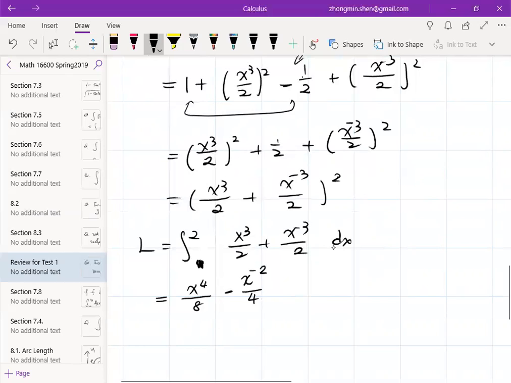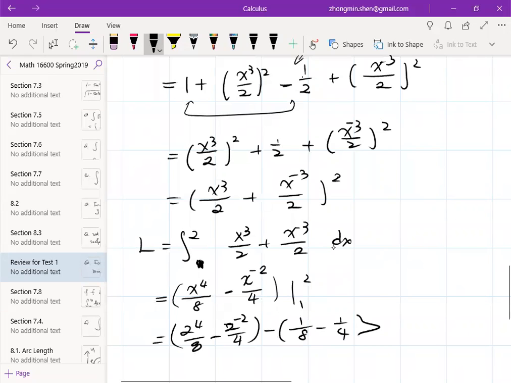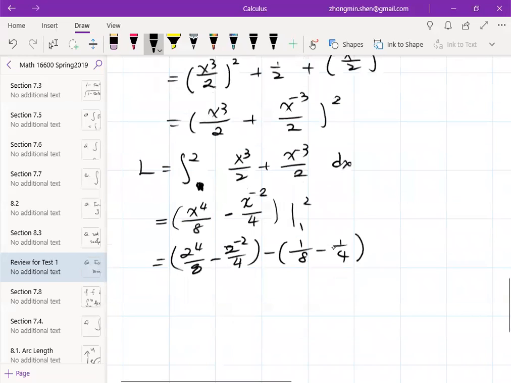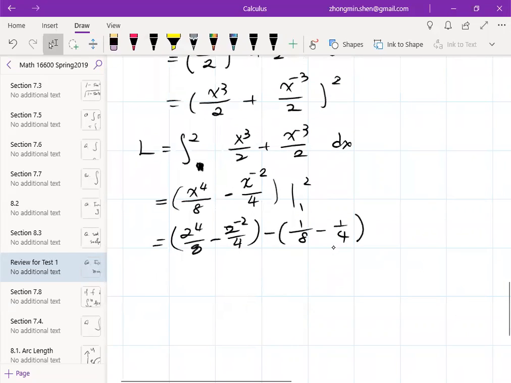And that cancels, yeah. Okay, so you will get 2 to the 4th power here, 2 to the negative 2, minus. Okay, so this is the answer. You can simplify a little bit. You get fractions.